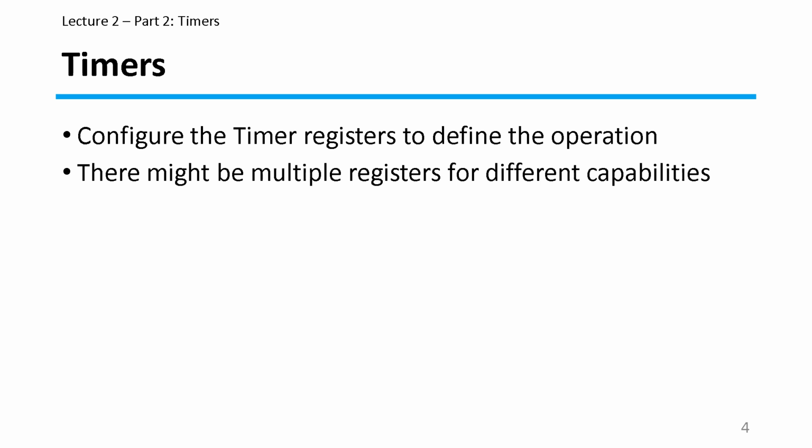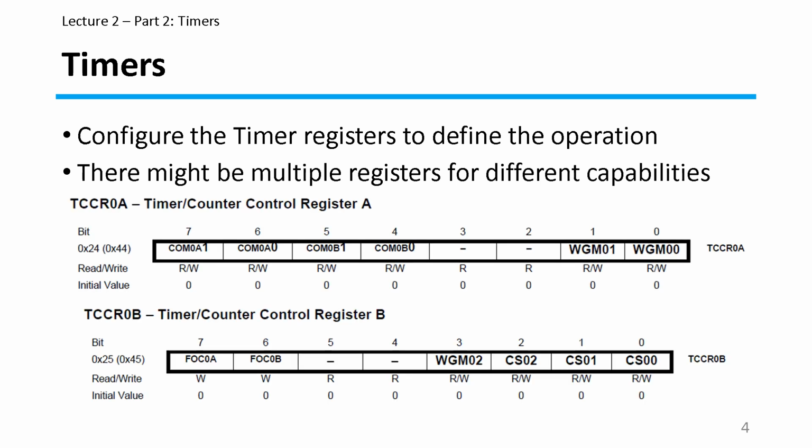Configuring the timers for use is done in the control registers. So based on how you set up the control register or registers, you define the operation of the timer module itself. Notice that there are multiple registers for a specific timer module, which might provide different capabilities.